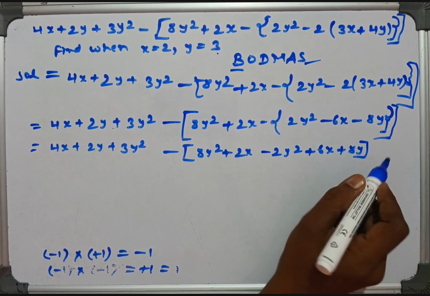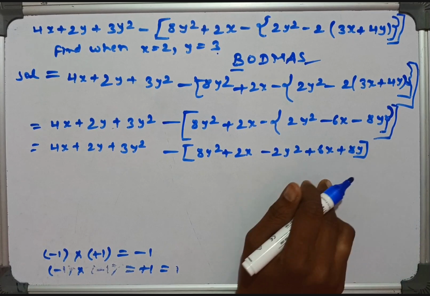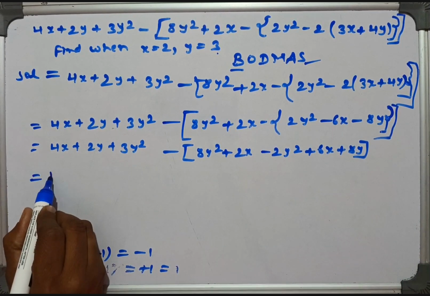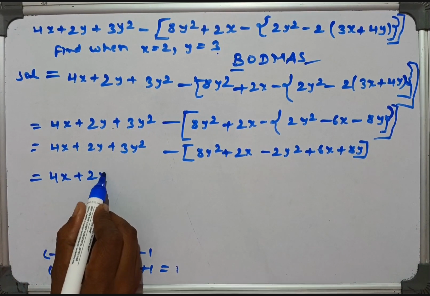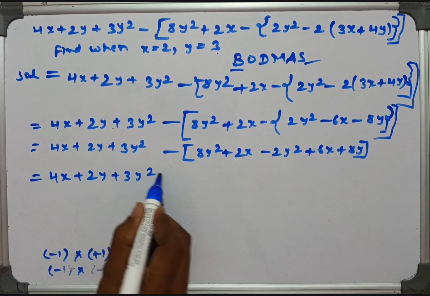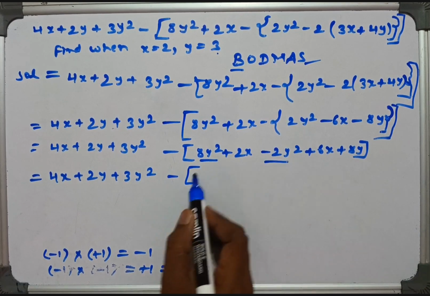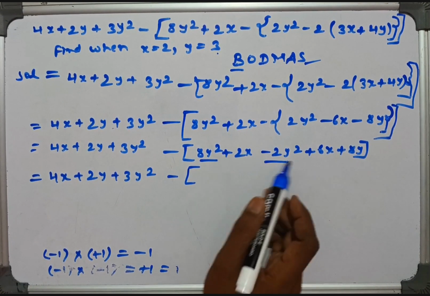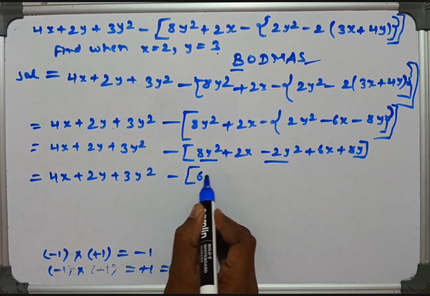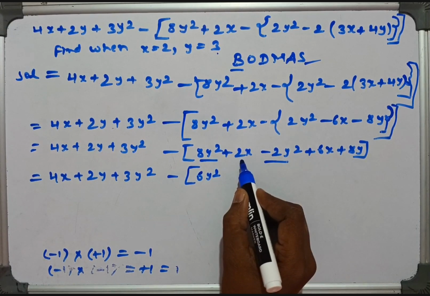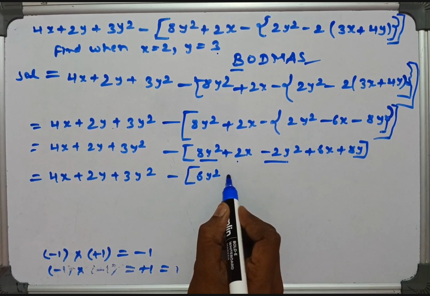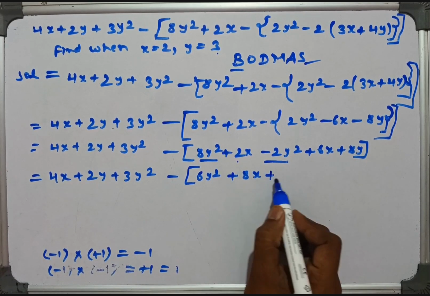Okay, now solve this one again, 4x plus 2y plus 3y square minus this one and this one. Okay, the like terms, so we subtract it, 6y square, 2x plus 6x, then it is 8x, 8y.